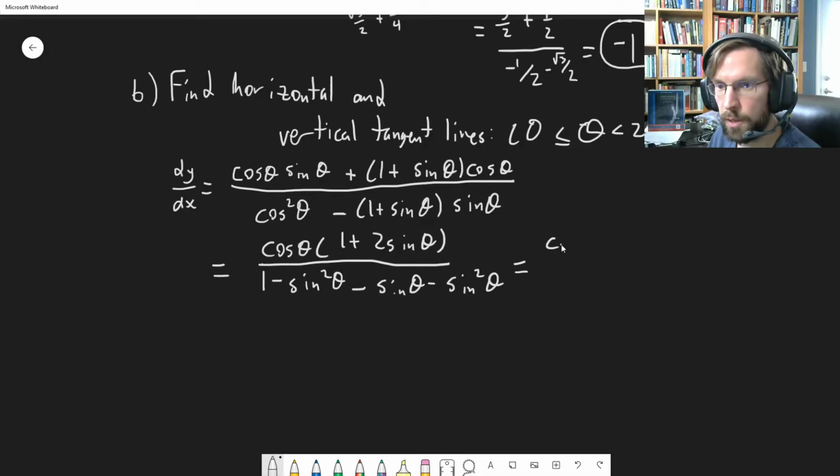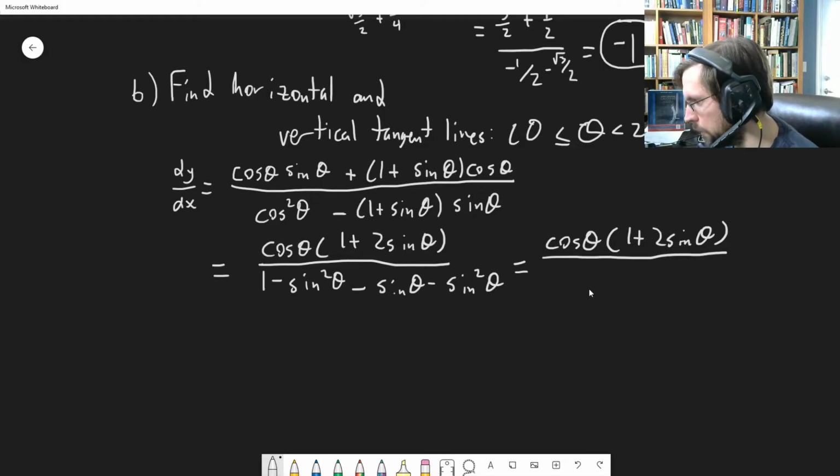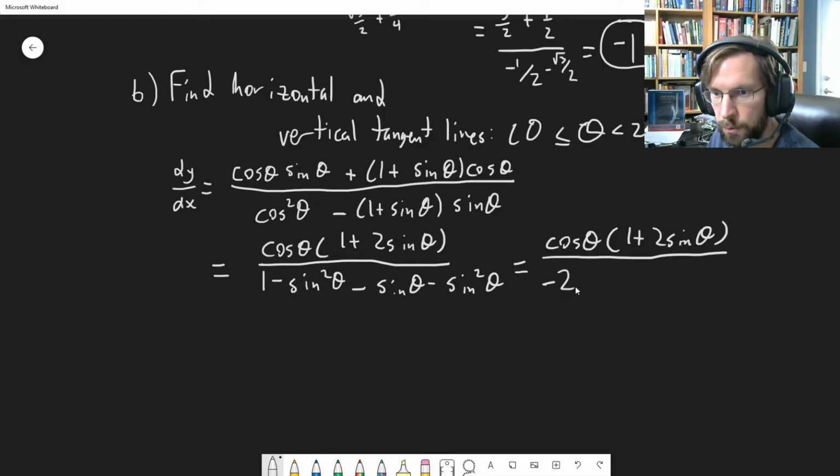So this is going to be cosine theta 1 plus 2 sine theta all over, write it as negative 2 sine squared theta minus sine theta plus 1.